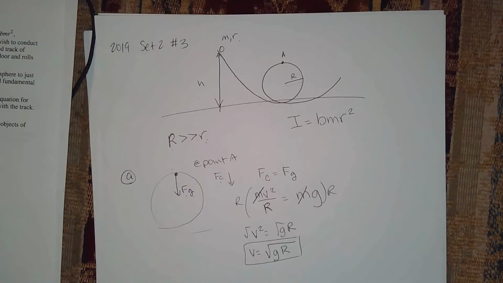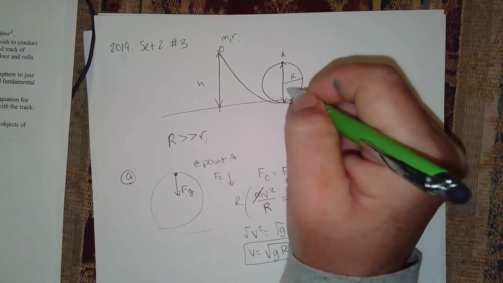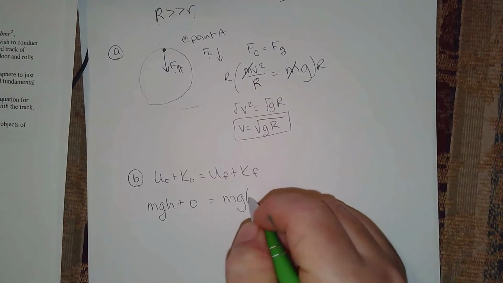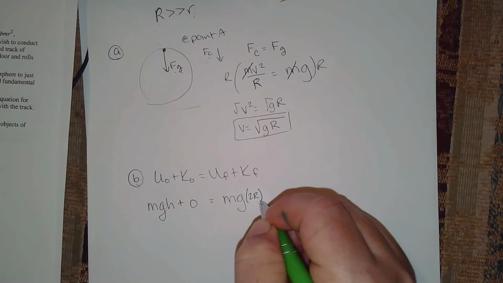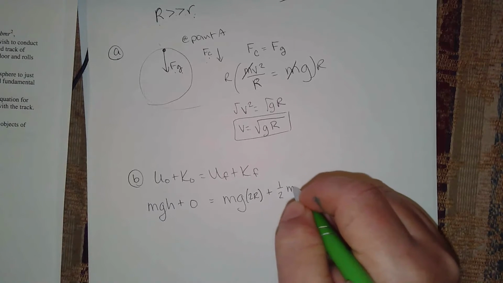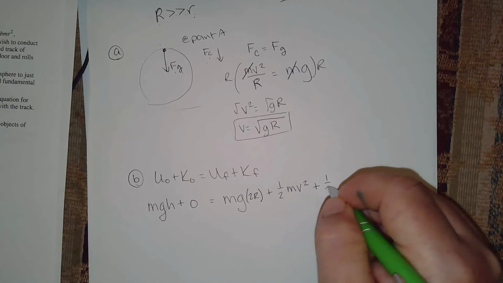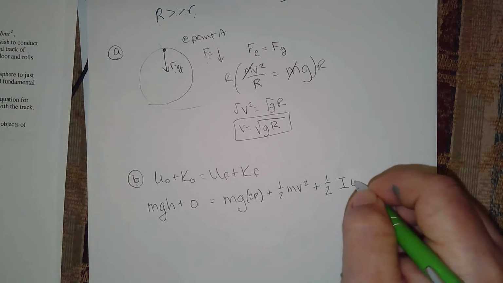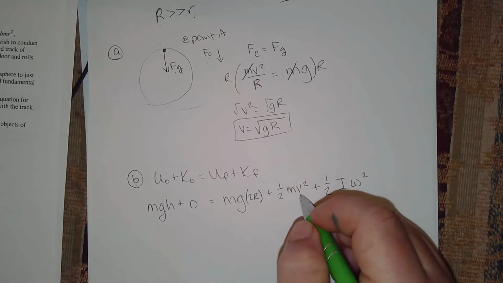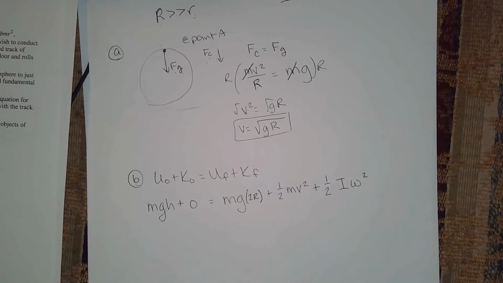It's mgh, and my h would be this, which would be R plus R, so that is 2R. My kinetic energy final is going to be 1/2 mv squared, but don't forget it's rolling, so you also have 1/2 I omega squared. Okay, and this is vcom right here. That's what that is. I didn't write vcom on the bottom of that.